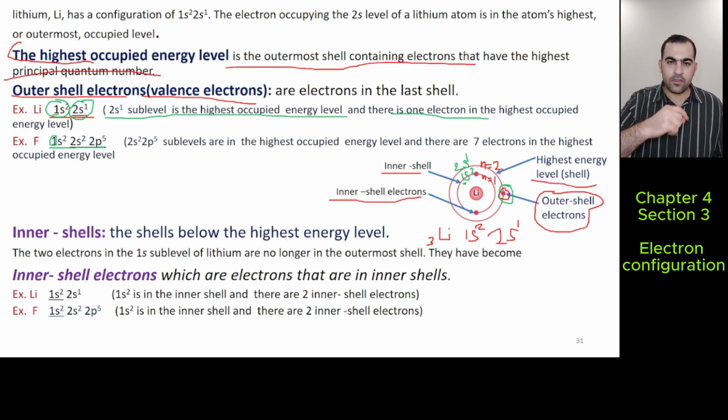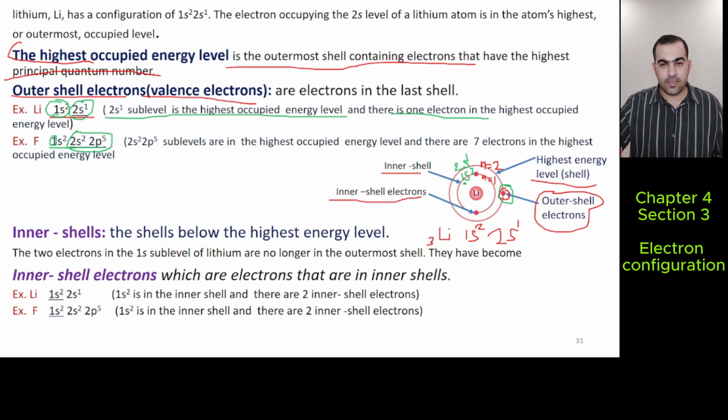Which sublevels are in the highest occupied energy level, in the last shell? 2s and 2p, because both of them are in the second, the last shell. How many electrons do they contain? 2 plus 5, 7. There are 7 valence electrons. So the 2s2 and 2p5 sublevels are in the highest occupied energy level, and there are 7 electrons in the highest occupied energy level.